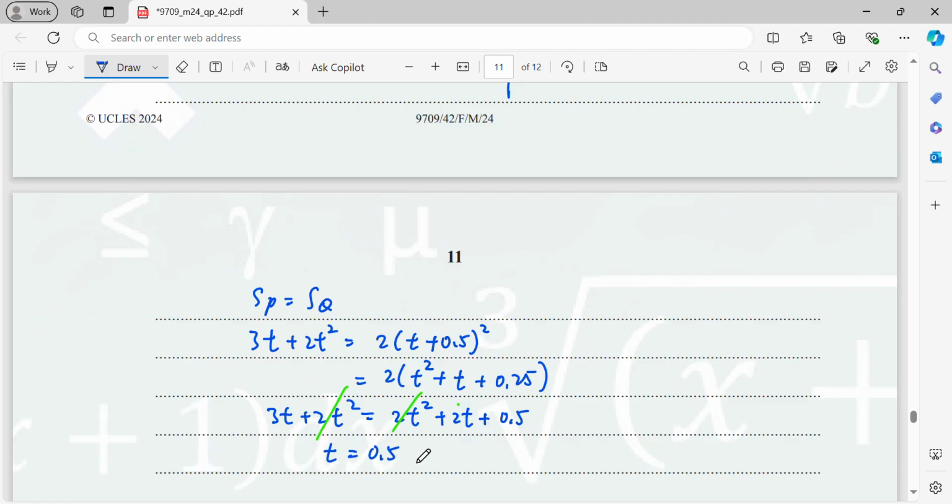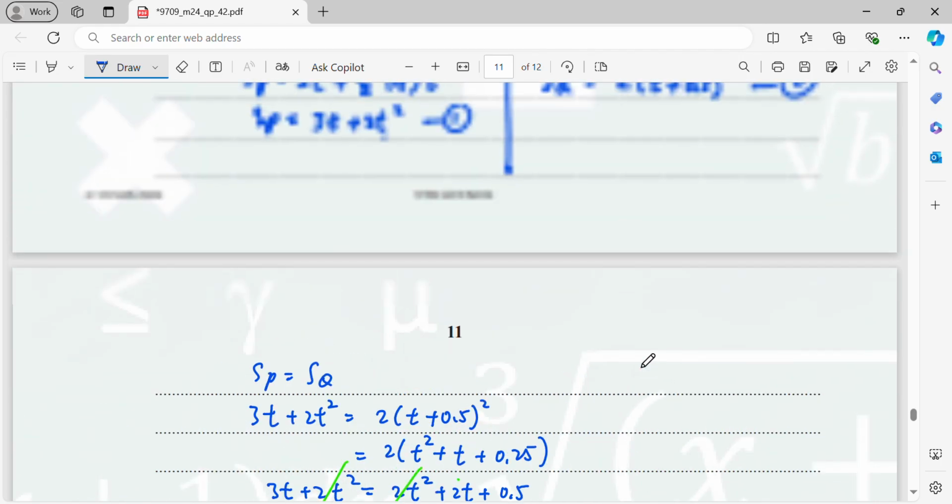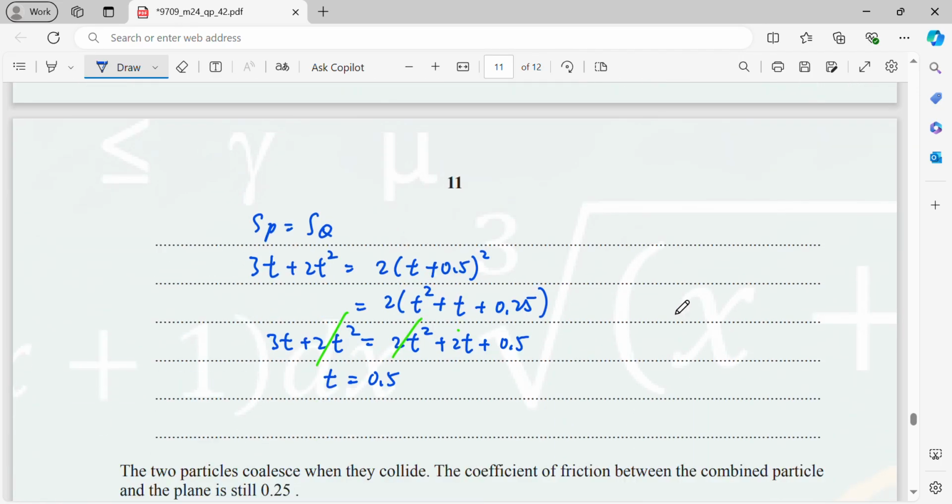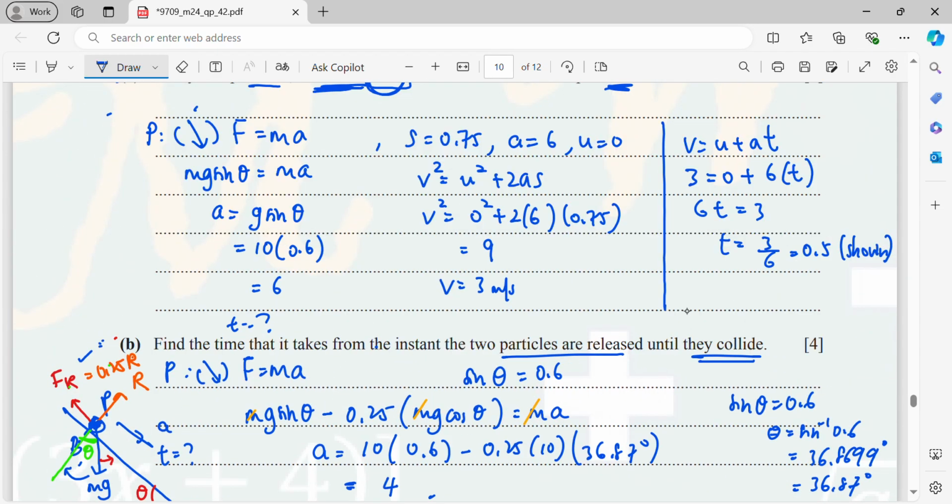Now, this T equals to 0.5, that is from B to C, okay, from B to C. But then the question says, what is the time it takes from instance the two particles are released? Release means from the beginning.